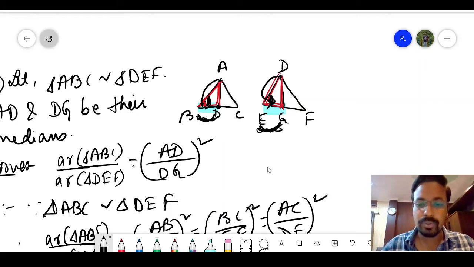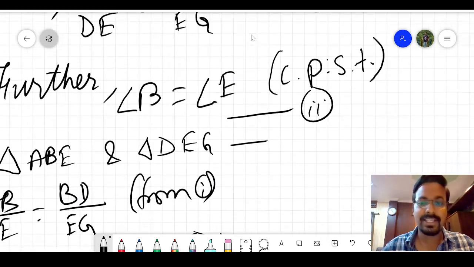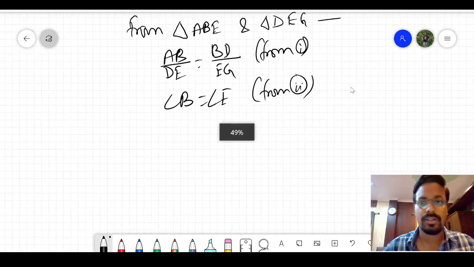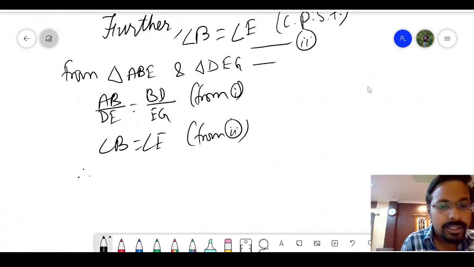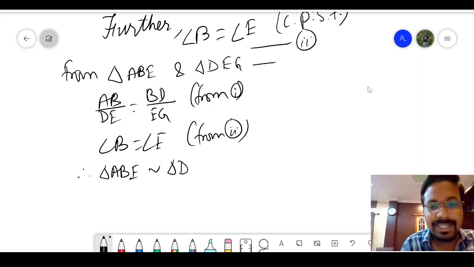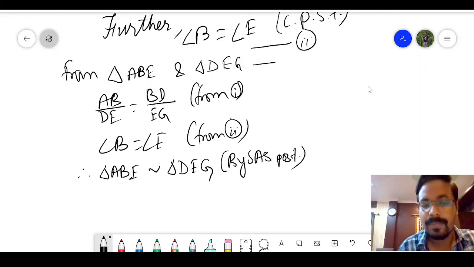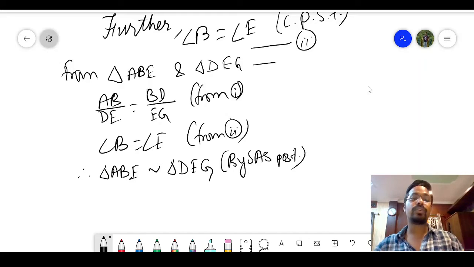So by this postulate, we can say the triangle ABD is similar to triangle DEG by the side angle side postulate.